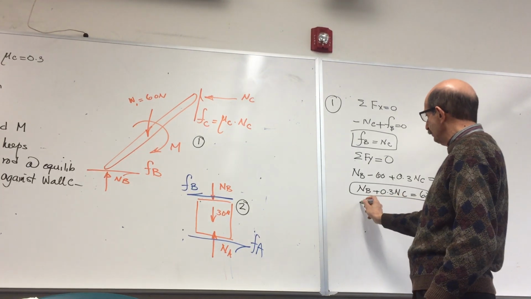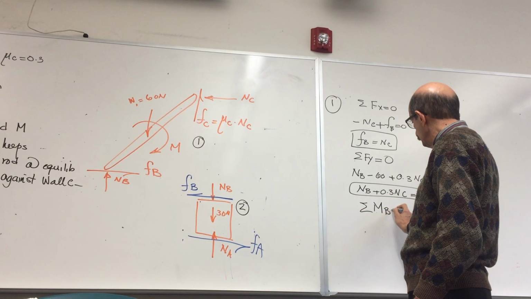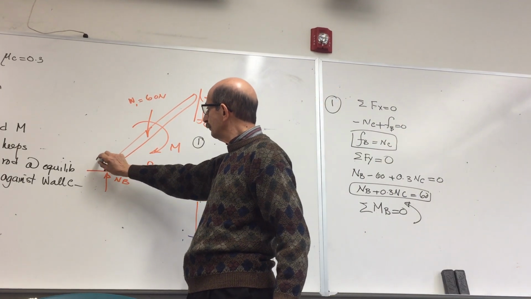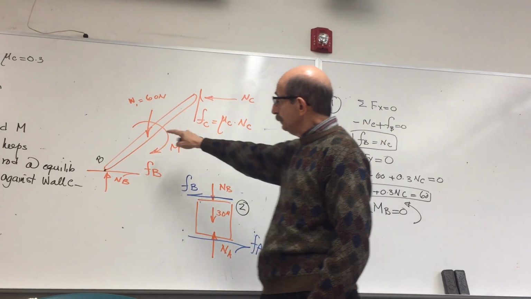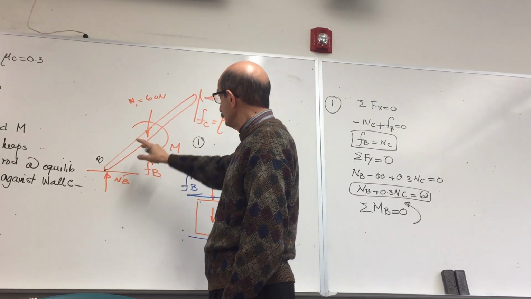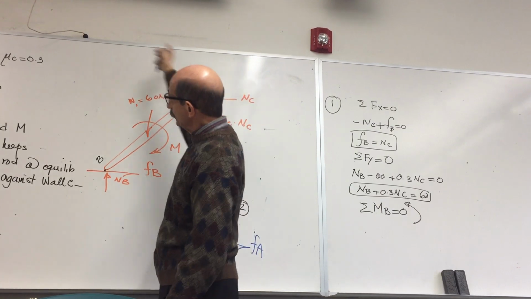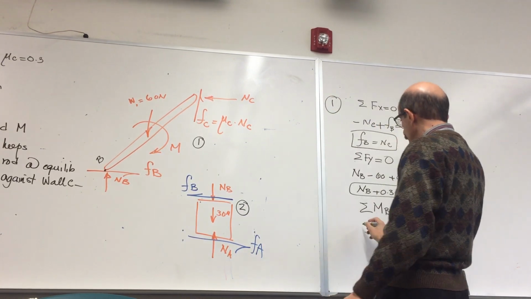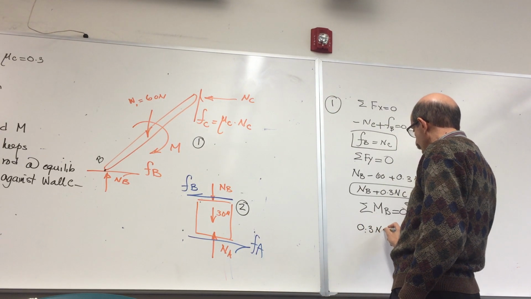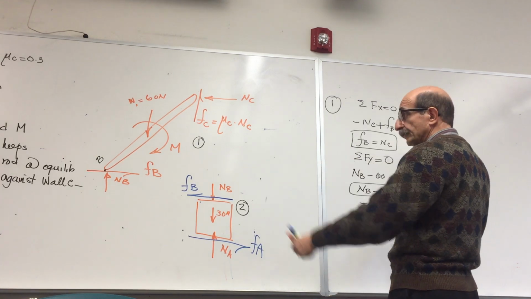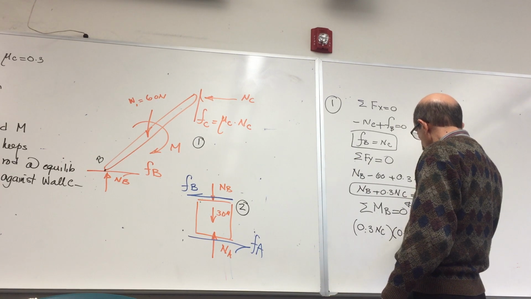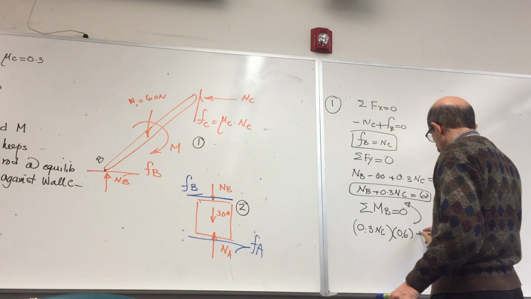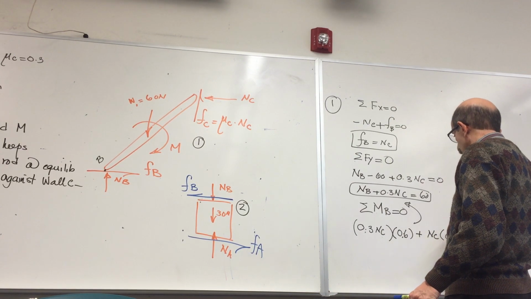Then I can take summation of moments about point B is equal to 0. So these two, of course, cancel out. They don't generate any. This is going to generate a positive moment. We have this distance 0.6. So I have FC, which is 0.3 NC, times that distance, which is 0.6. Then NC, this distance is 0.8, positive again. NC times 0.8.